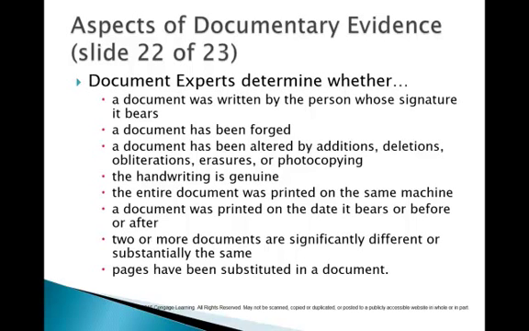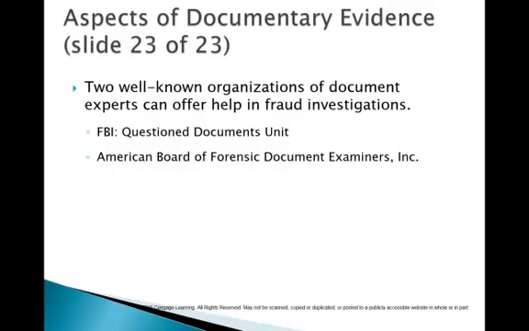That's where document experts who have been trained for this type of thing and generally have a background in law enforcement can uncover these irregularities and signs of alteration that a document has been forged or is not an original. Two well-known organizations for document experts are the FBI, obviously, and the American Board of Forensic Document Examiners, who also do this type of work. Occasionally we have to bring in specialists from one of these units to help us in our fraud investigation.